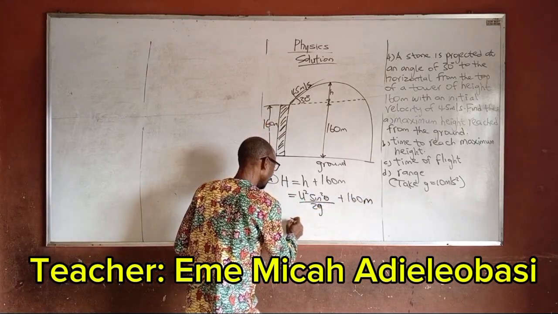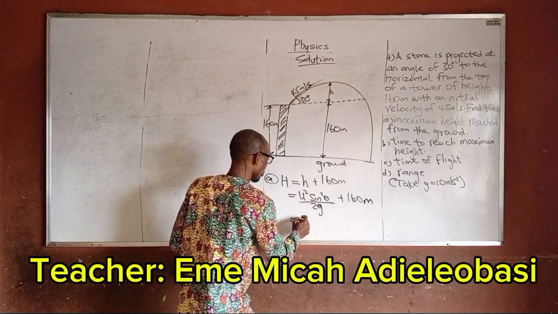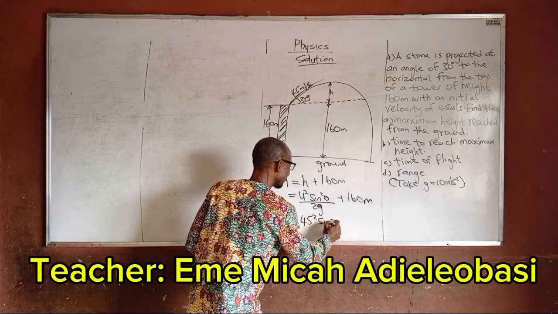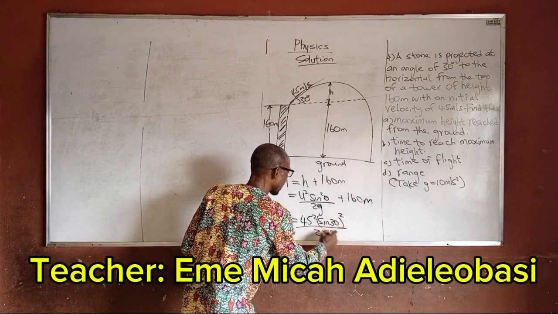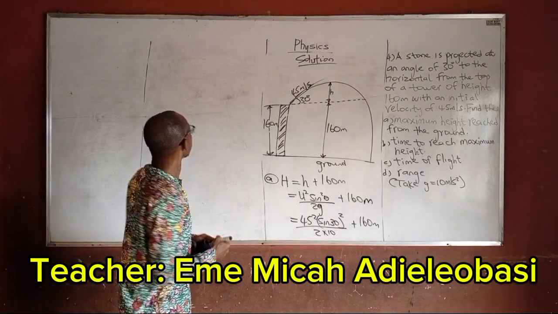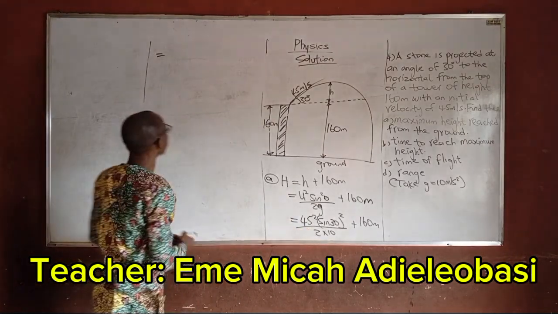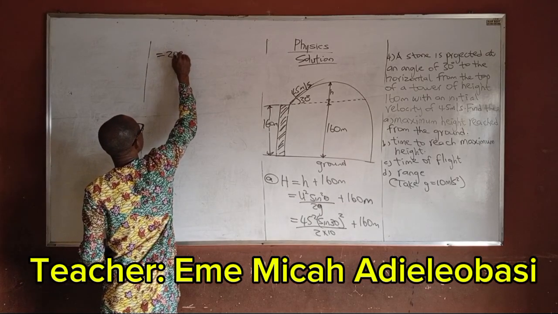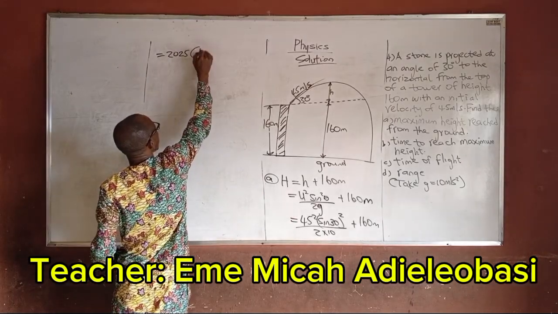Now what do we have? This is equal to 45 squared, sine 30 raised to power 2, all over 2 times 10, plus 160 meters. 45 squared gives us 2025.